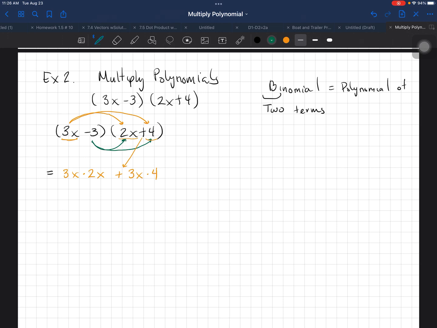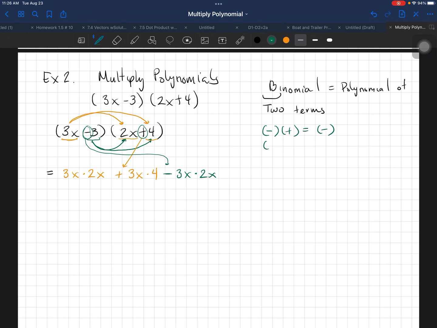Now let's do the distribution of negative 3, this one. This minus right here is going to be this minus right here. So this is going to be 3x times 2x, and then we have this plus with this minus. Remember the rules: a negative times a plus gives you a negative.